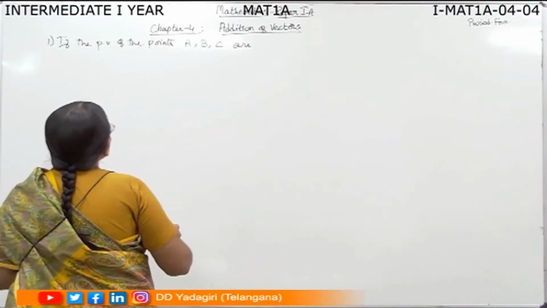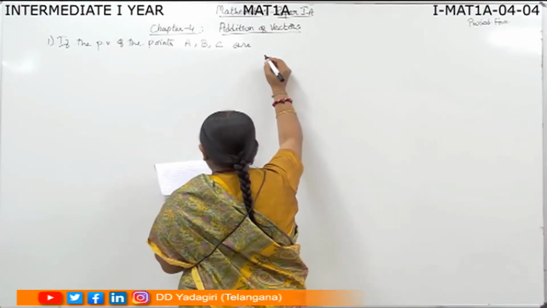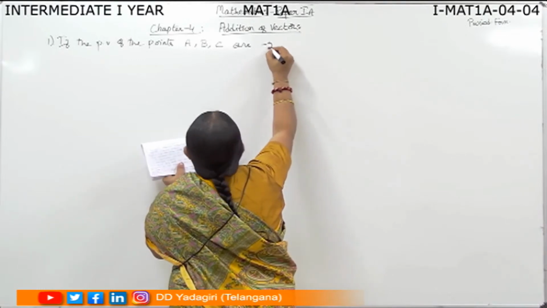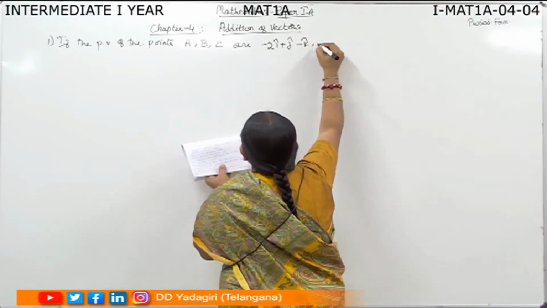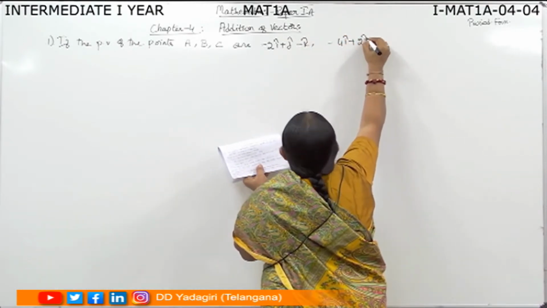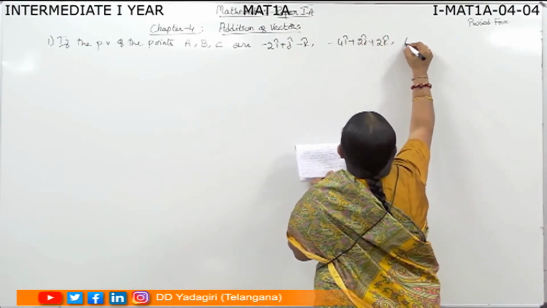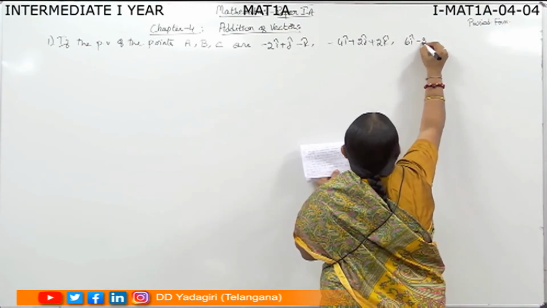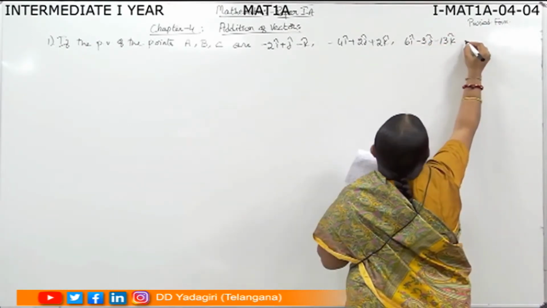The next problem: the position vectors of the points A, B, C are minus 2i plus j minus k, minus 4i plus 2j plus 2k, and 6i minus 3j minus 13k respectively.